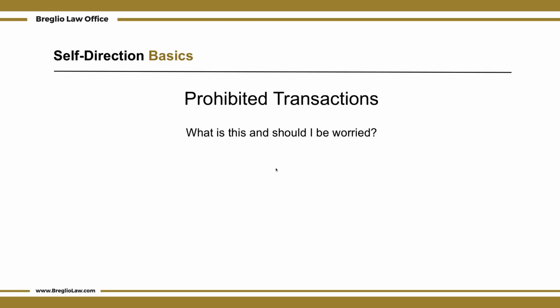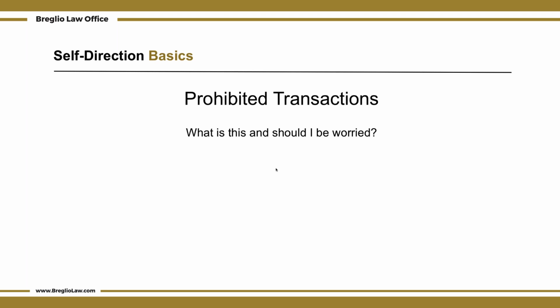And there are rules about nonprofit companies, okay? There are certain things that nonprofit companies cannot do. Very similarly, there are things your retirement account can't do because again, it's regulated like a nonprofit.